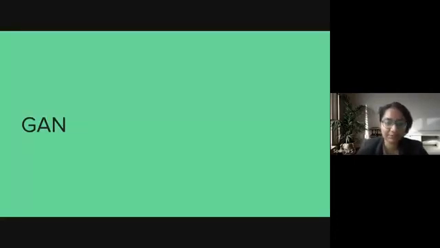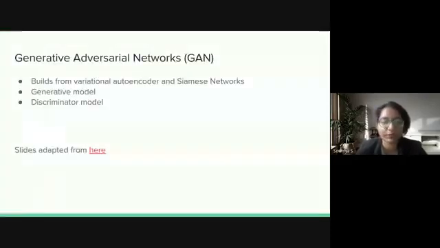So first, there's a very popular network called GANs. I won't be going into the mathematics of any of these techniques because the idea is to give a high level representation, just like we've done in the last two representation learning modules. So these are generative adversarial networks.